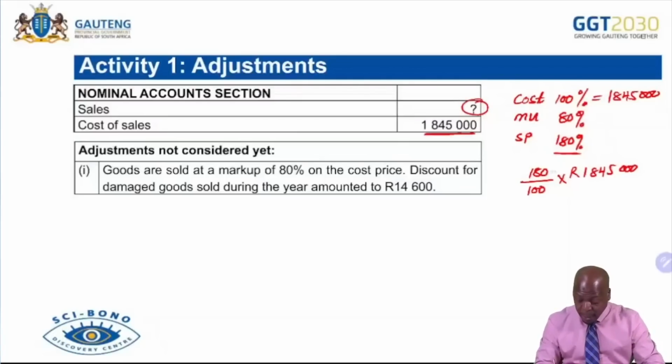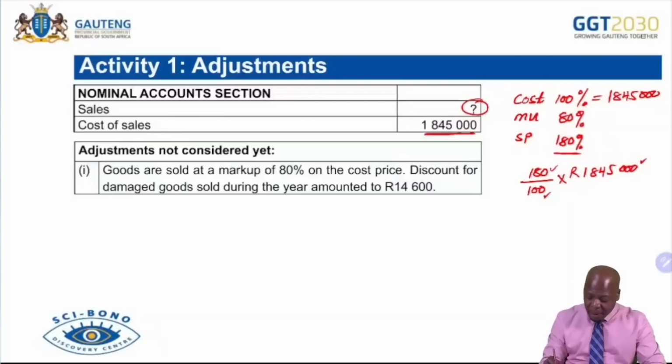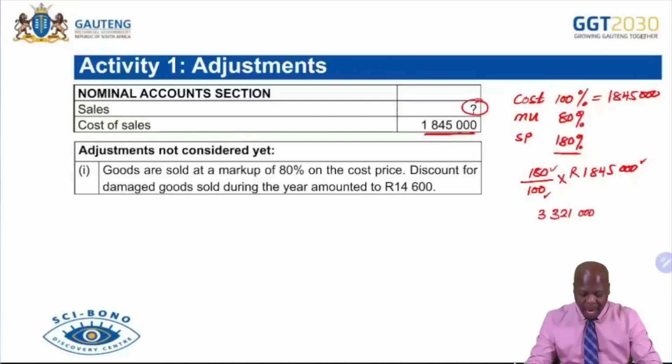We're saying 180 over 100 multiplied by 1,845,000. Someone is saying, Mr. Simbi, I'm getting 3 million. Say it again. 3,321,000. So you're getting 3,321,000. This is the sales amount that we are supposed to get.